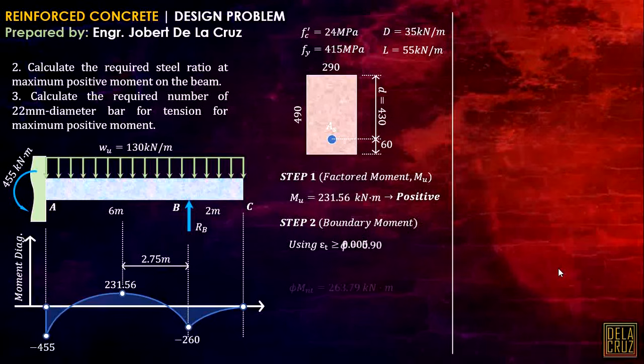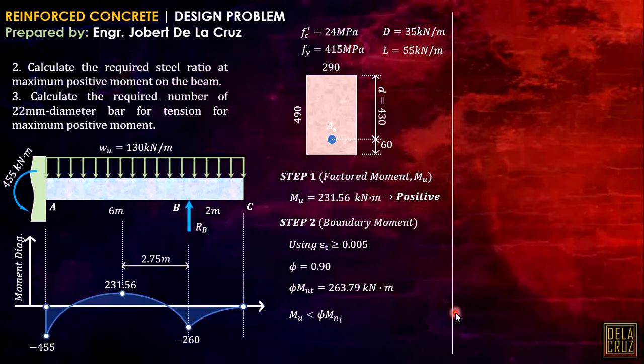So, comparing this, to find out if singly or doubly reinforced, as you can see, our Mu still does not exceed our boundary moment for transition. Okay, so again, I advise that this is the boundary we use, not the other one.